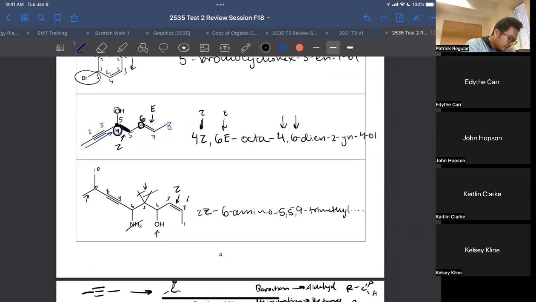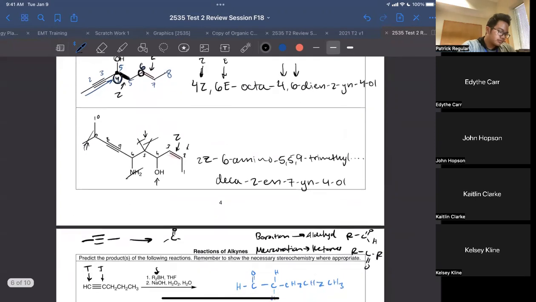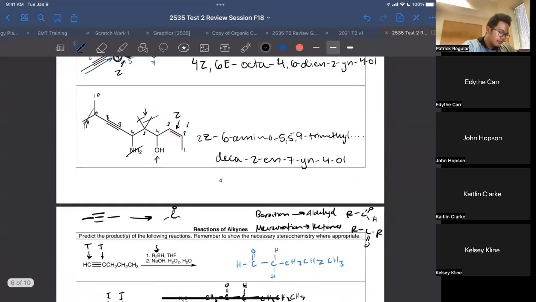Now we have the alkene, the alkyne, and the OH. So we can stick in our parent name, deca. Deca, okay. Alkene first, 2-ene, 7-yne, and then 4-ol. Yeah, that's it. I thought there was more.